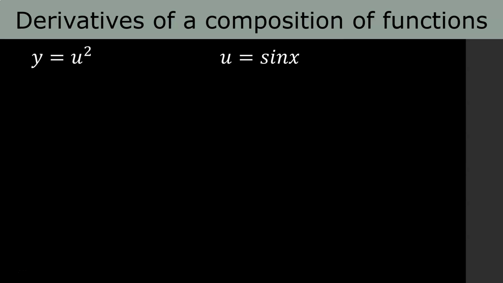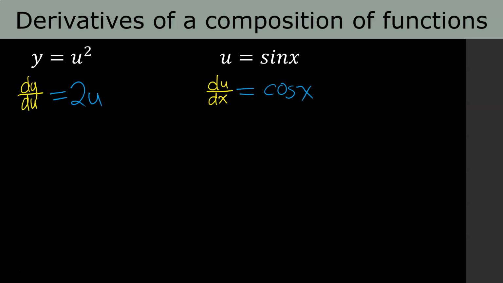Well, the derivative of u squared is just 2u, and the derivative of sine of x is just cosine of x. What notation are we going to use? Well, we took the derivative of y with respect to u, so dy over du, and we took the derivative of u with respect to x, so du over dx.